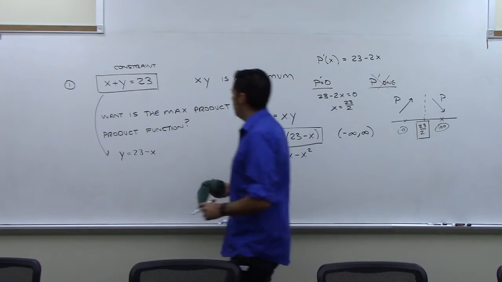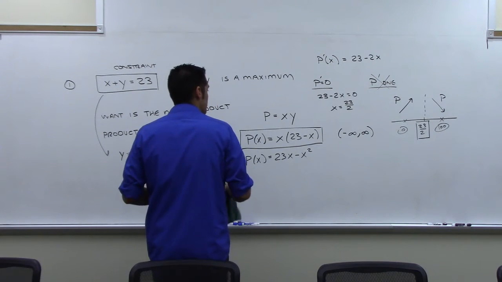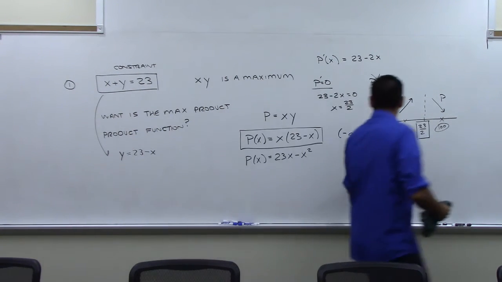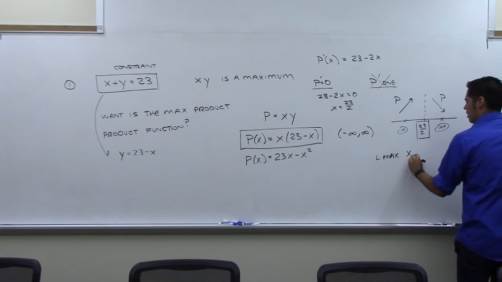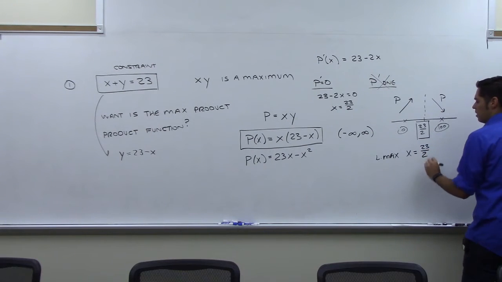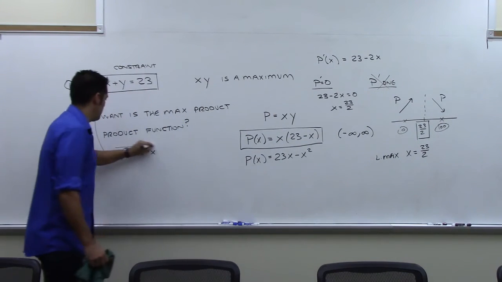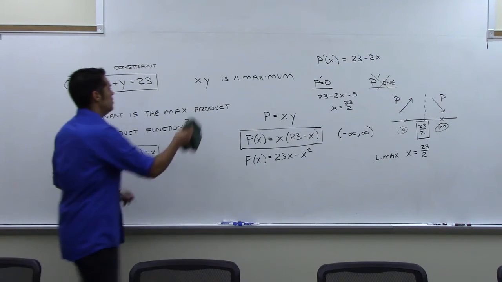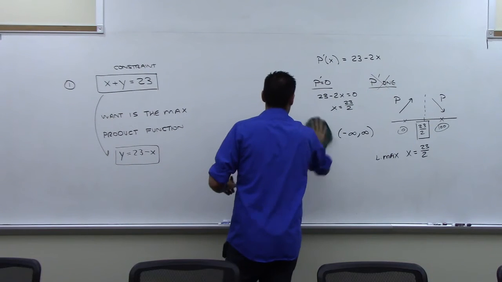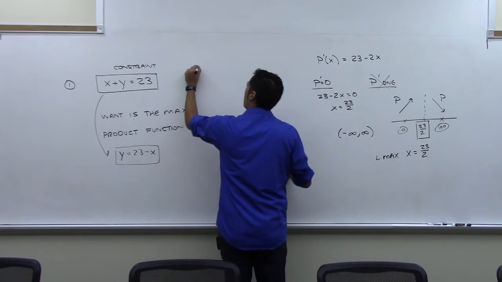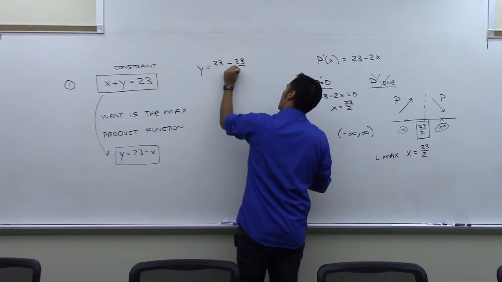Okay, now that I know what x is, I have a local max at x equals 23 halves. What I'm going to do now is figure out what y is. Y is 23 minus 23 halves.